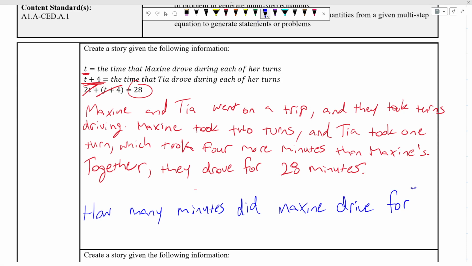And you'd probably have a follow-up question: how many minutes did Tia drive for? You might have that as a follow-up question too, after you figure out how many minutes Maxine drove for. So we built a scenario here.